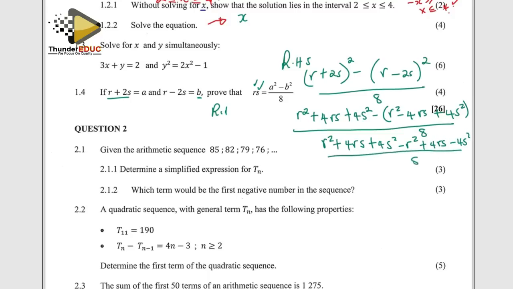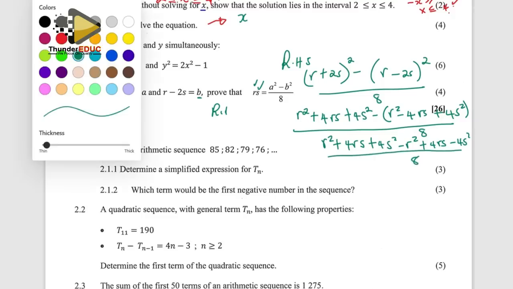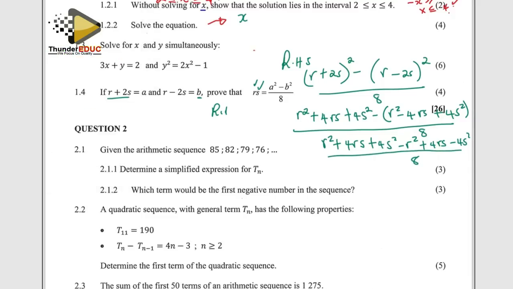Everything is over 8. Then I just need to chop. So this chops with that one. Then this chops with that one, since the signs are opposite. So I have just 4rs and 4rs, which becomes 8rs over 8. And then I have rs. Perfect. So my right hand side delivered the left hand side. So that's how that proof was meant to be.